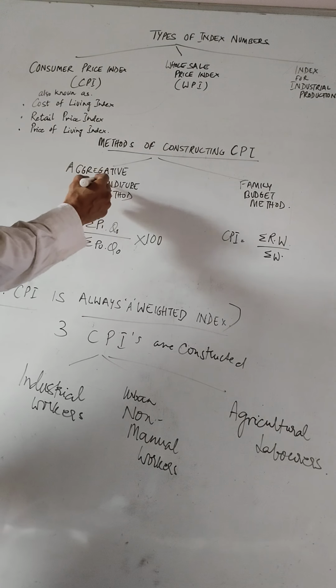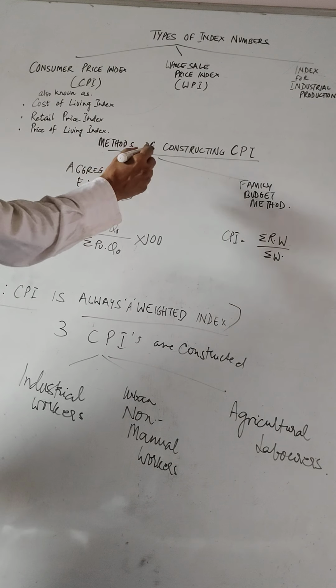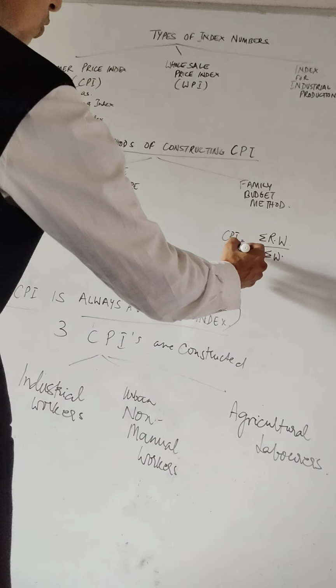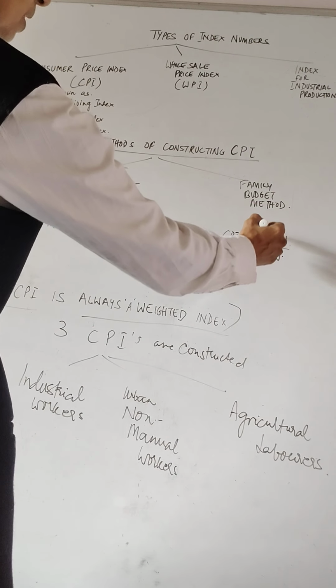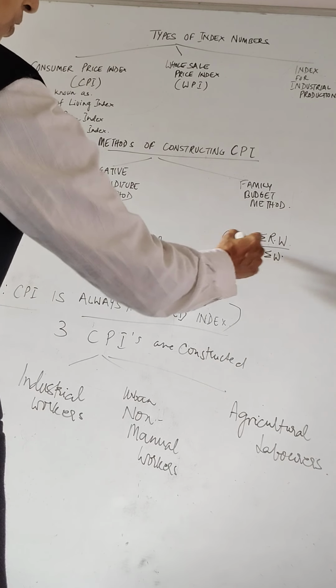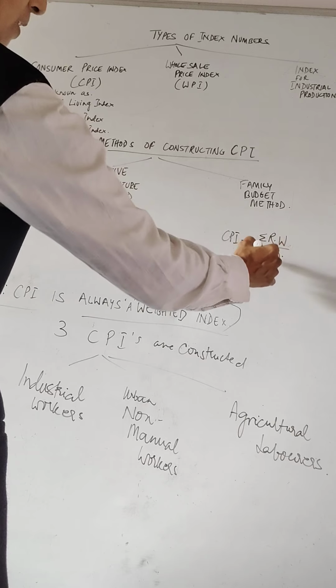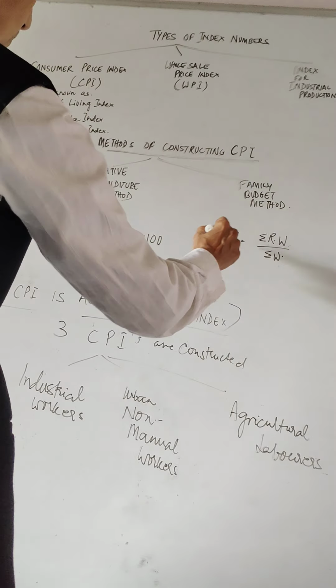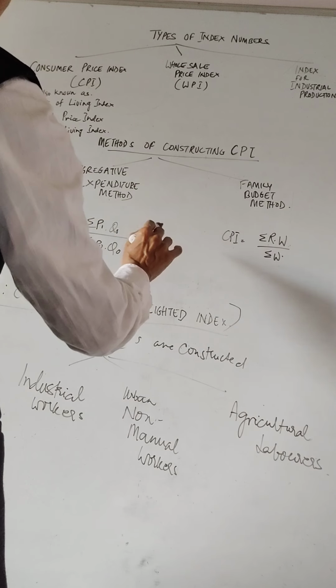This gives you the aggregative expenditure method of constructing consumer price index. And the other one is consumer price index equals sigma of the price relative of each commodity into the weights, divided by the sum of the weights. That is the family budget method. So we have these two methods to look at.